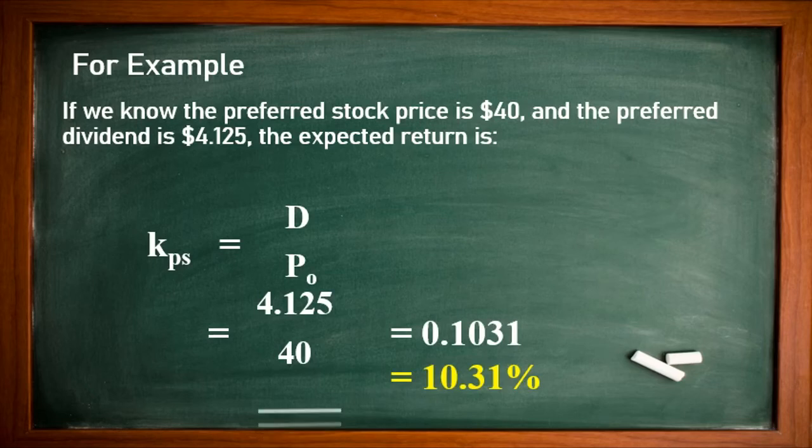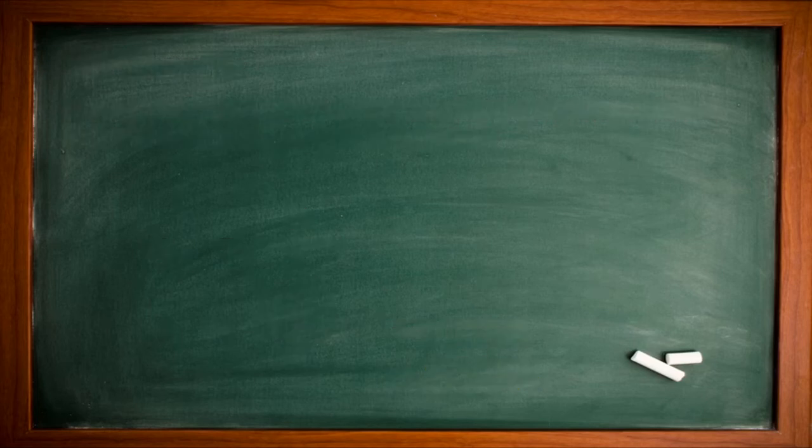As we put the formula, KPS is equal to D upon P0, the value of D is 4.125 and the value of P0 is 40. So our required rate of return is 0.1031 or 10.31%. If we have the values, we can get to know what percentage we are going to receive. So this is the analysis of preferred stockholders.